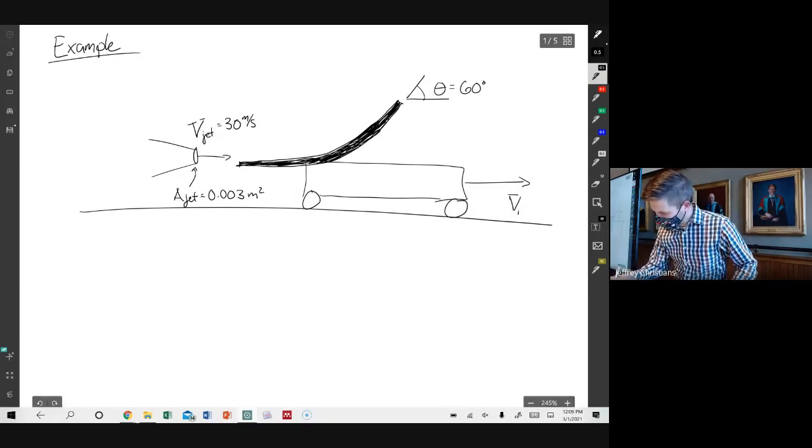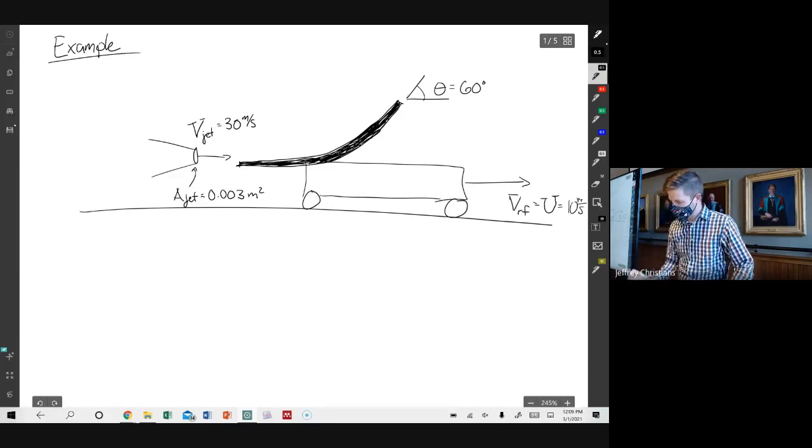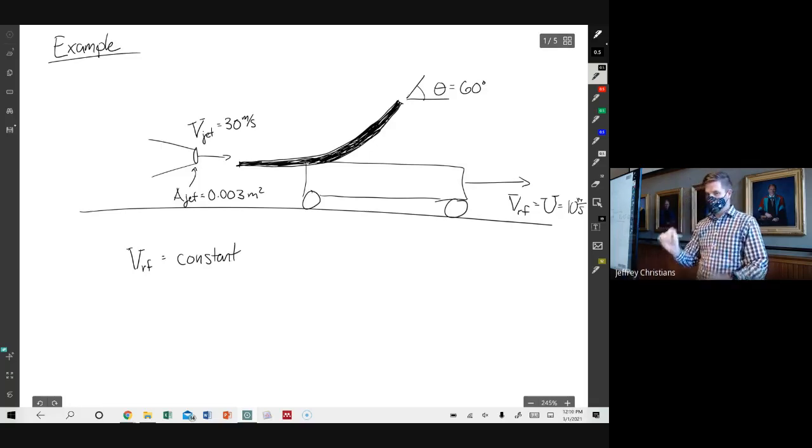So at some instant in time, the car is moving this way with a velocity, we'll call this V bar RF, and I'll explain what that means. This equals, we'll call this capital U, which equals 10 meters per second. V RF is constant, so we'll assume that it's moving at just a constant speed.